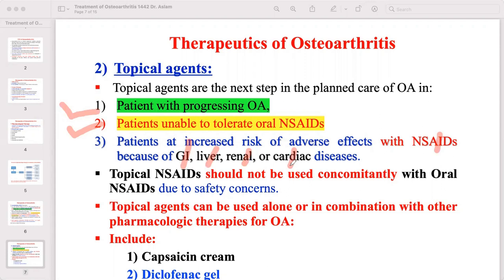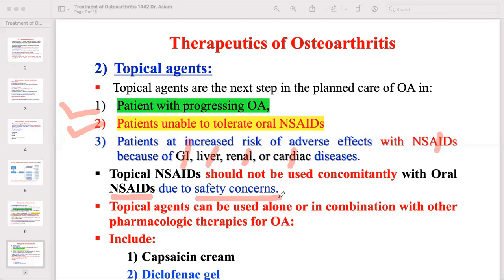Topical non-steroidal anti-inflammatory drugs should not be used concomitantly or simultaneously with oral non-steroidal anti-inflammatory drugs due to safety concerns. It's most important. So start with the oral drug acetaminophen.